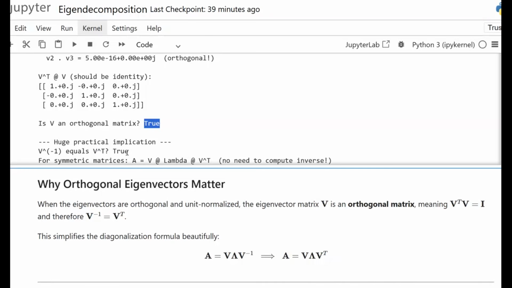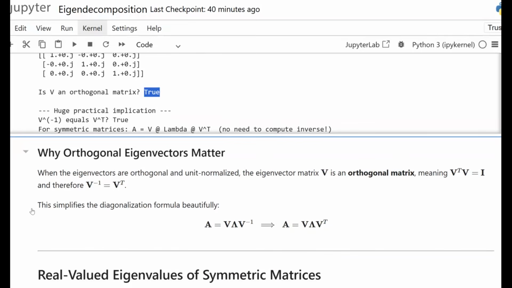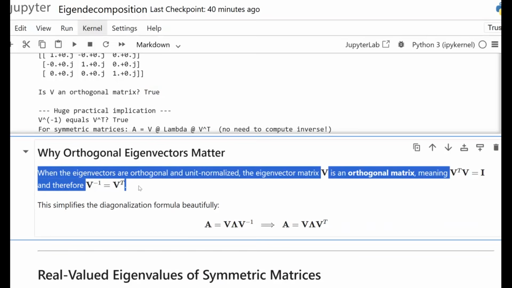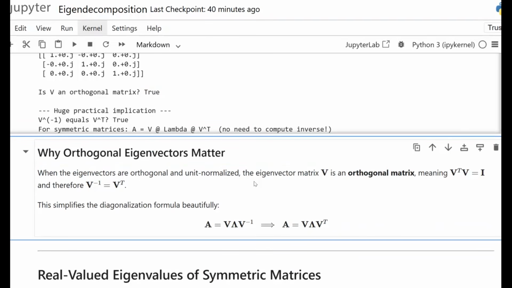I have already specified this. And how is this happening? Kindly observe, dear friends, when eigenvectors are orthogonal and unit normalized, the eigenvector matrix V is an orthogonal matrix. That means V transpose V is equal to I, and therefore V inverse is equal to V transpose.